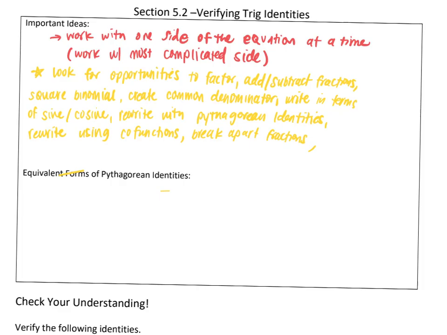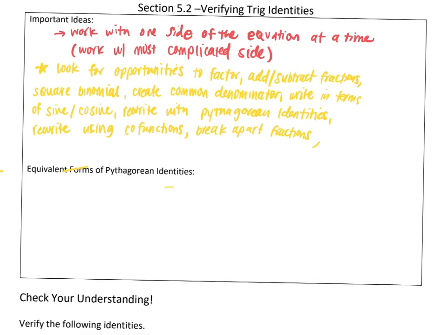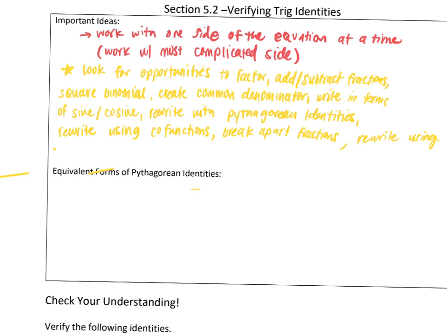You can rewrite using even and odd identities. And you can use conjugates as well. Okay. The most important step or strategy, though, is to always try something.